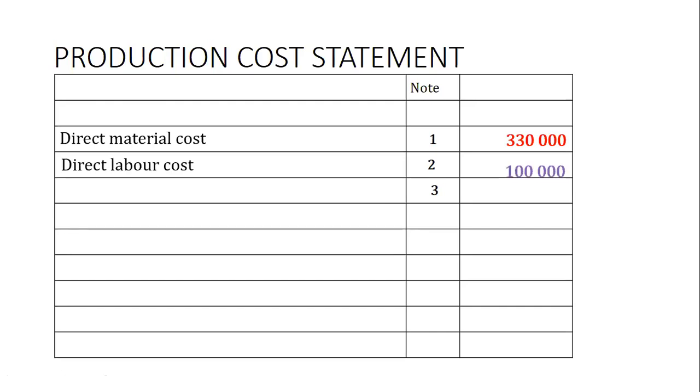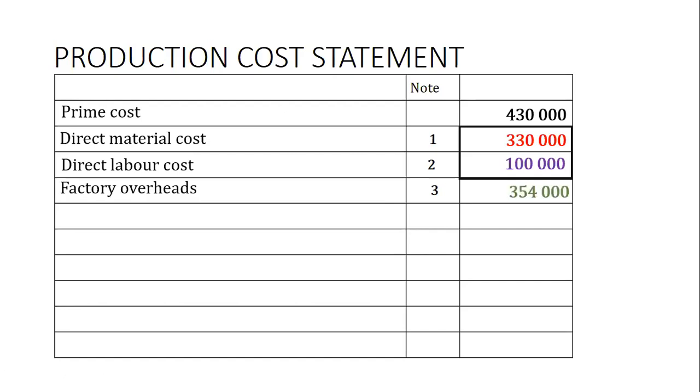You add those two, how much do you have? 430,000. And that becomes your prime cost. What else do we still need to add? Factory overheads, which is 354,000.